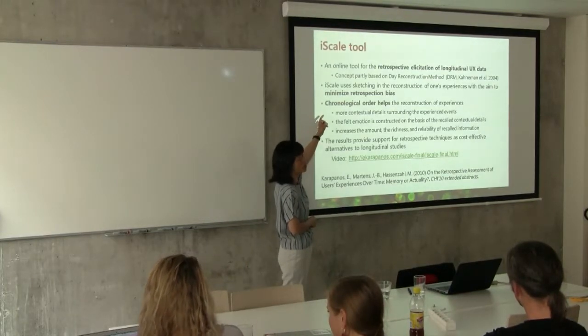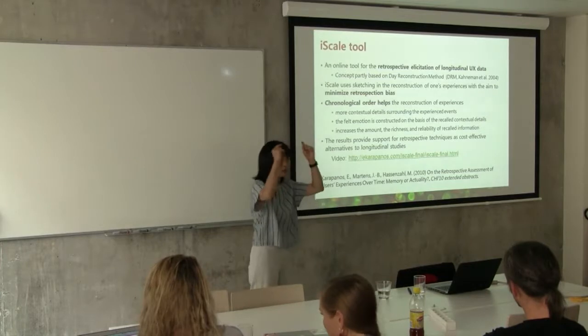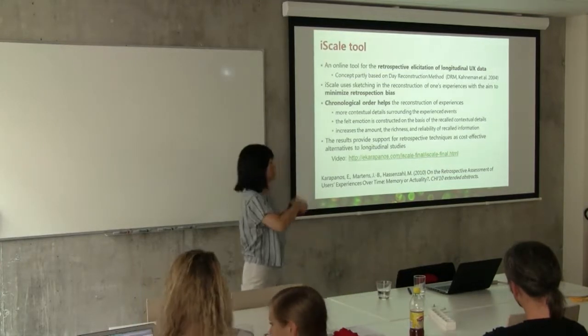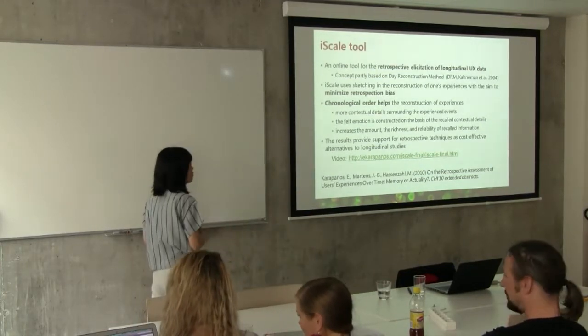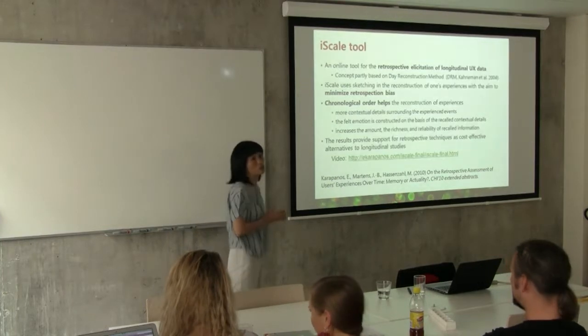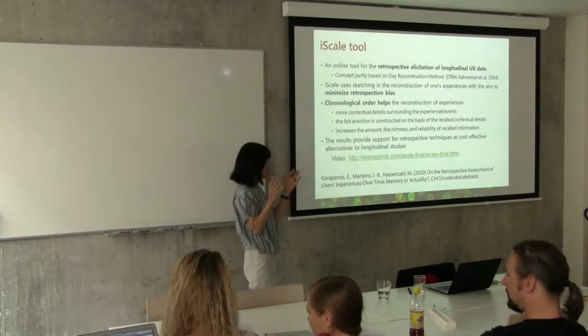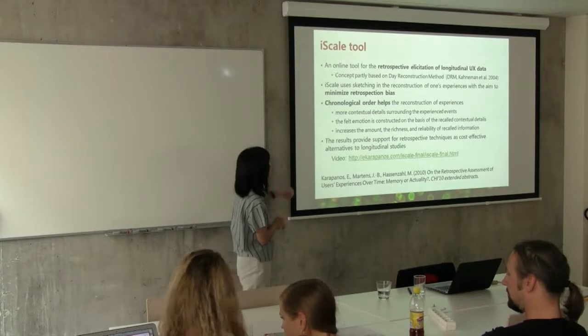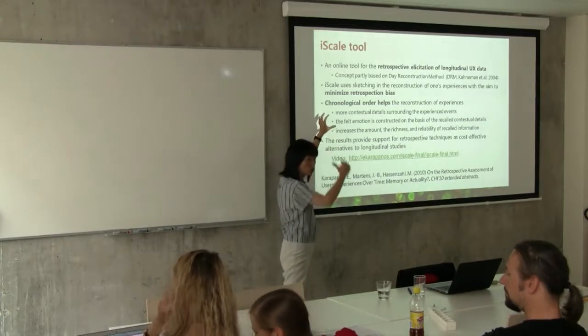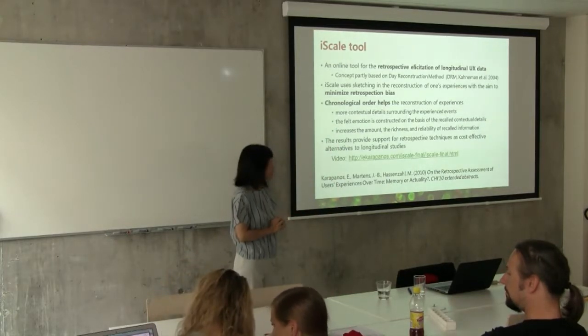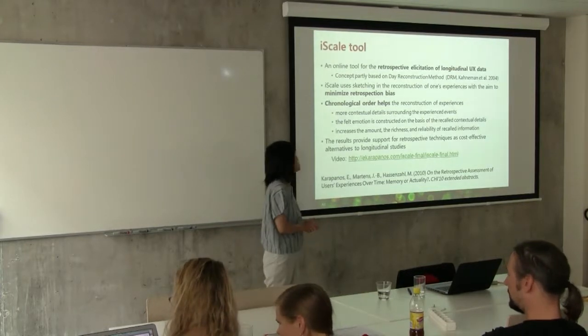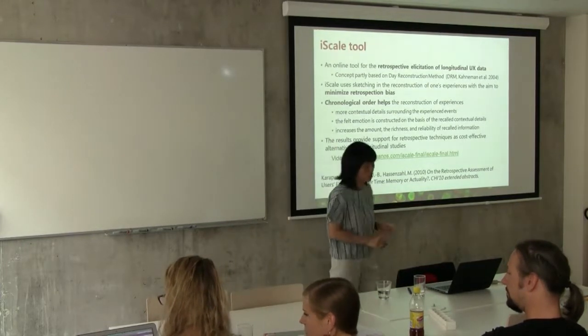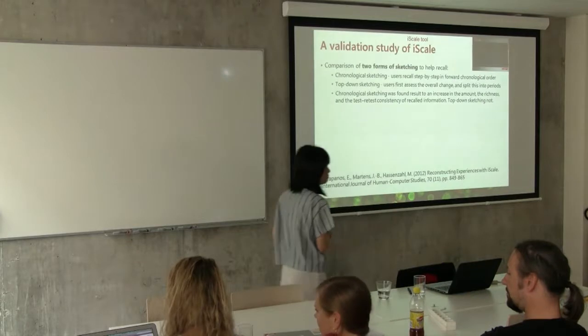Either you ask the user to think in the morning, through the day, to the evening, in this order, and then report, or you ask them to just think about critical incidents and then report. But they found that if you ask the user for chronological reporting, you can capture more data than just critical incidents. This is what the empirical study showed.